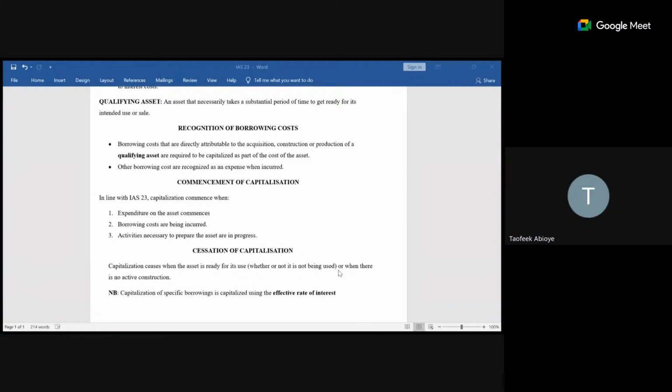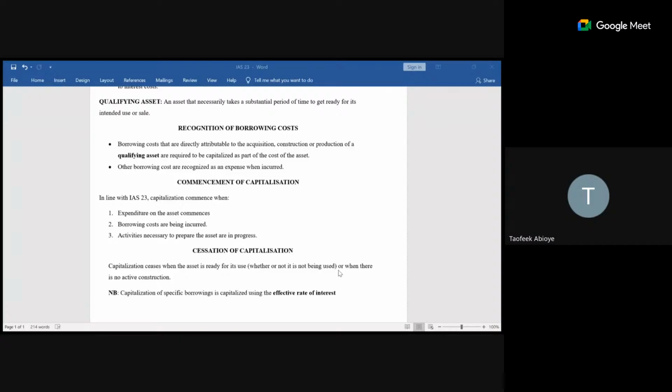When it is ready for you, please stop capitalization. Whether or not it is being used, whether the management of the organization wants to start using it or not, that does not concern IAS 23. IAS 23 says when it is available for use.